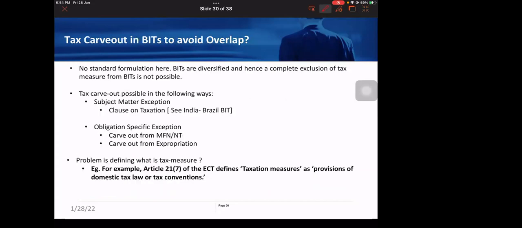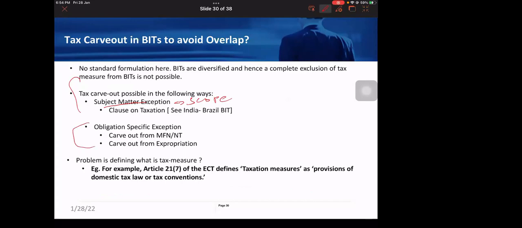Now, how can this overlap be avoided? On a broad principle level, there can be a complete tax carve-out in the BITs to avoid overlap. That is, the BIT scope will clearly say taxes have been carved out. You can see this in the India BIT model. So tax carve-out is possible through subject matter. What I mean by subject matter is the scope of the treaty itself will remove taxation.